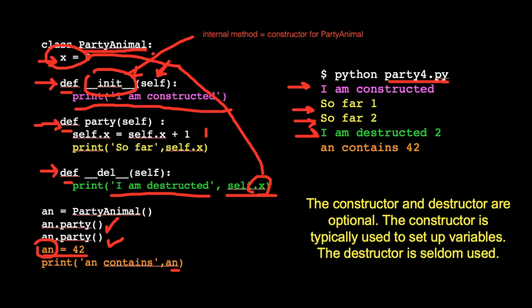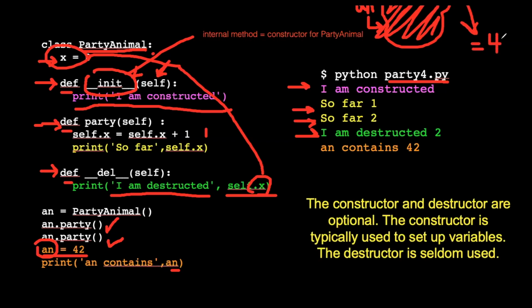Okay, so this is what happens at runtime. There is a memory space, and this one memory space is called an. So an is kind of like a label pointing to this location. This memory location is pretty big, and it has a whole bunch of stuff in it, namely party animal. Now, when you say an equals 42, what does that mean? That means you're reassigning an, which means this entire block that we have right here is all gone.